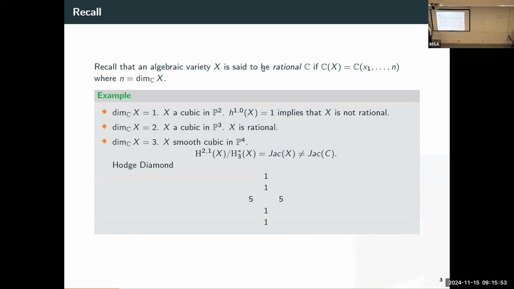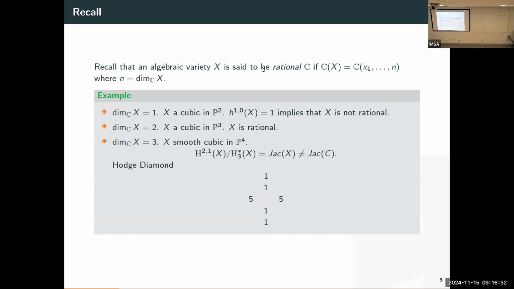But if you start analyzing this Jacobian, in fact, to be precise, the singularities of its theta divisor, you see that these singularities are in codimension 5. And if this was a Jacobian, the maximum codimension for the singularities of a Jacobian, as Andreotti-Mayer theory tells us, is 4. So that's how Clemens and Griffiths concluded that the smooth three-dimensional cubic is not rational.